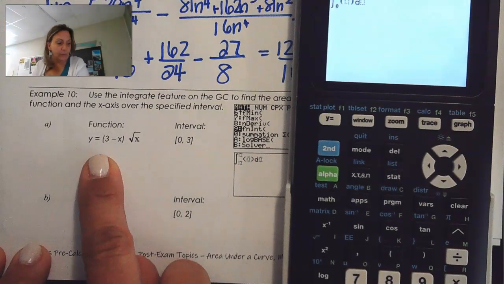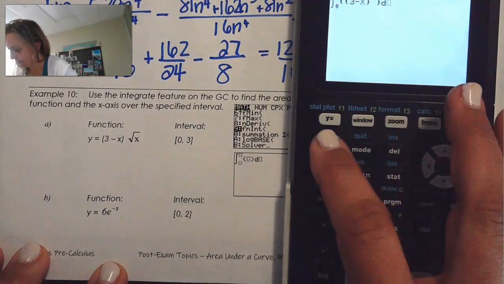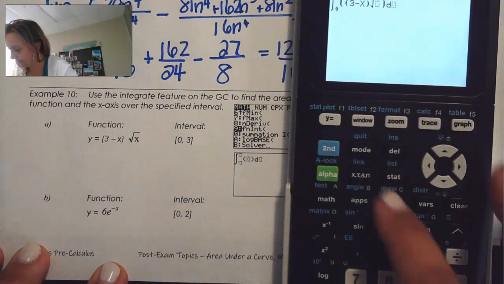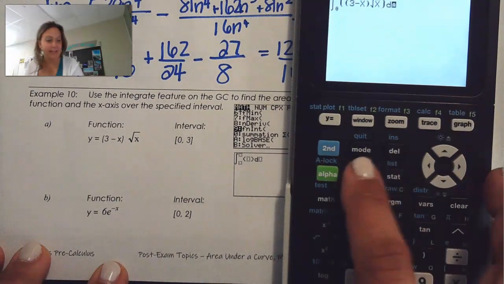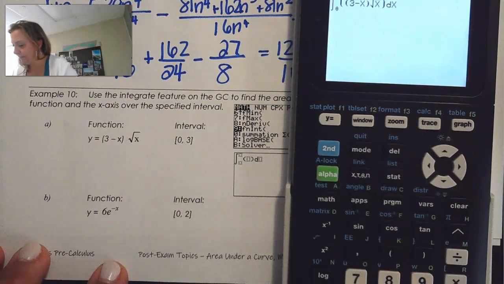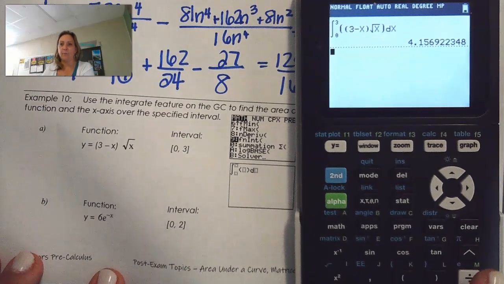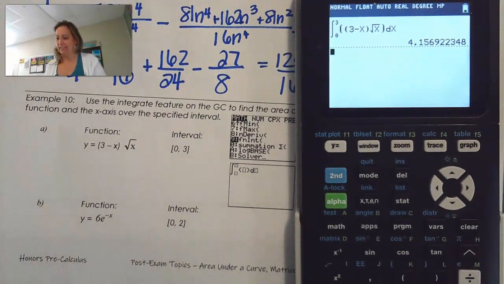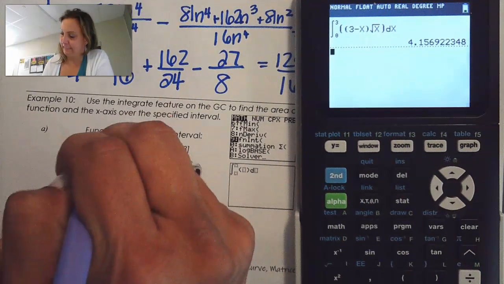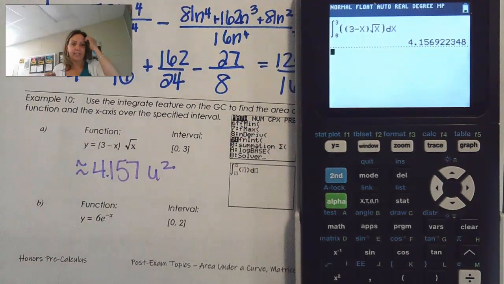And the rule that we're doing is 3 minus x root x, and then we have dx. And then we can see that's going to be about 4.157 square units.